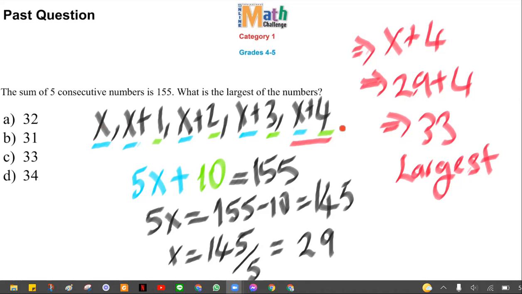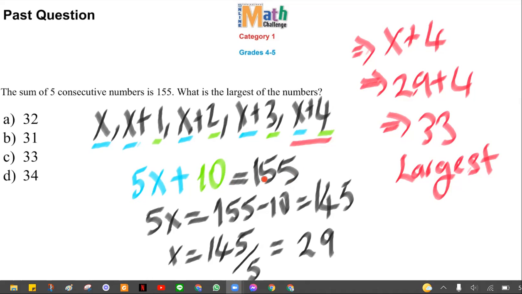So the question says their total is 155. Let's add them. I add first the x parts. 1, 2, 3, 4, 5x, plus 1 plus 2, 3, plus 3, 6, plus 4, 10. So they all together make 5x plus 10 equals 155.